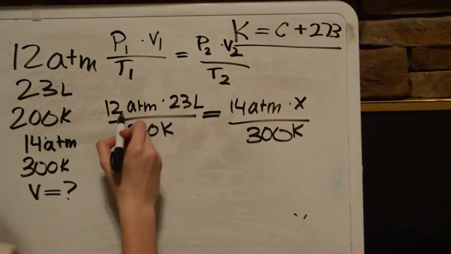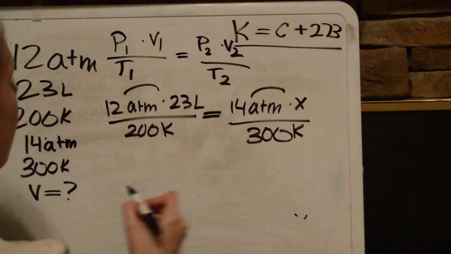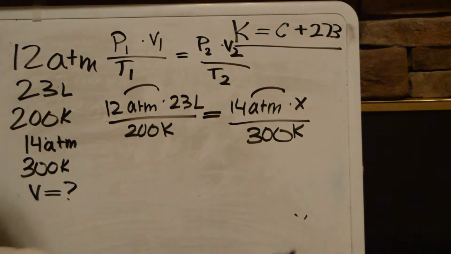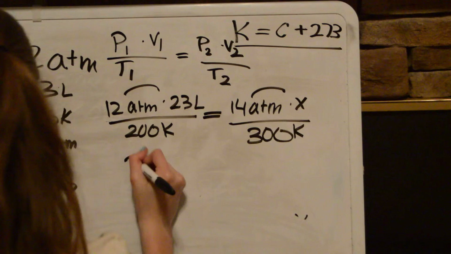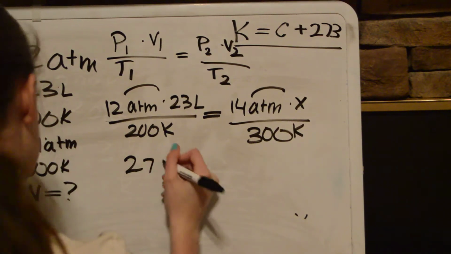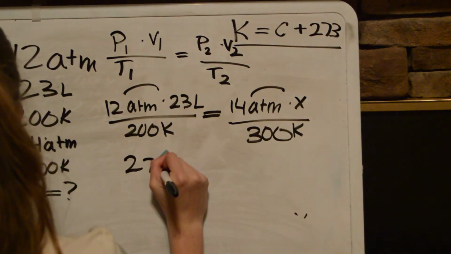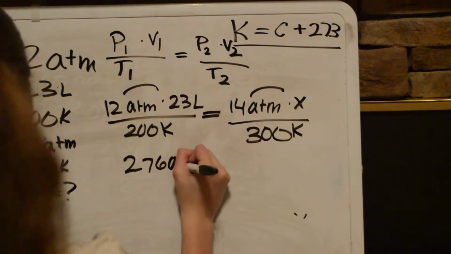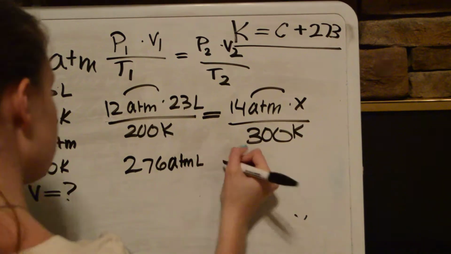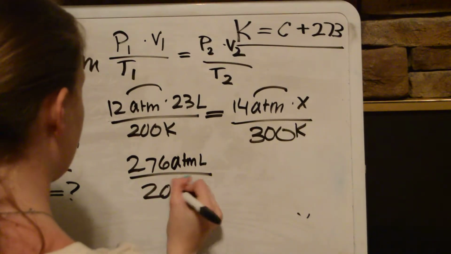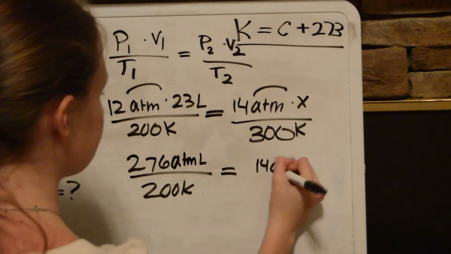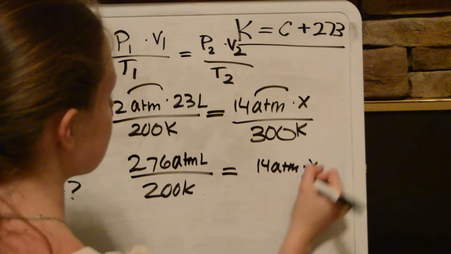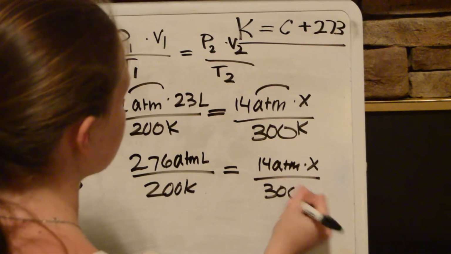We're going to go ahead and multiply our top numbers, and then we'll see where we go from here. So 12 times 23 is 276 atm and liters divided by 200 equals 14 atm times x divided by 300.